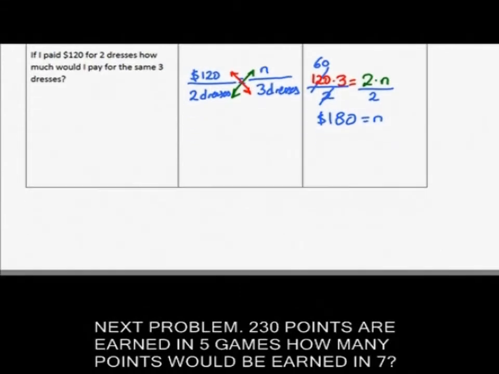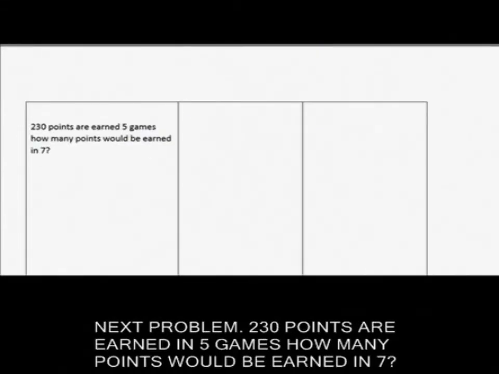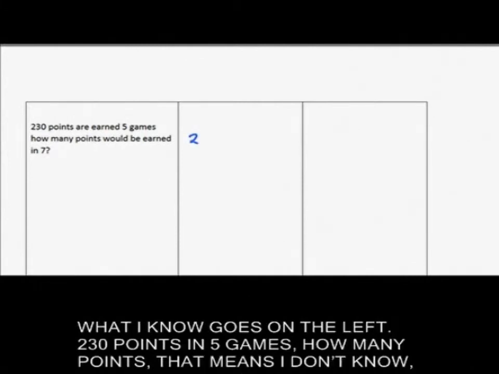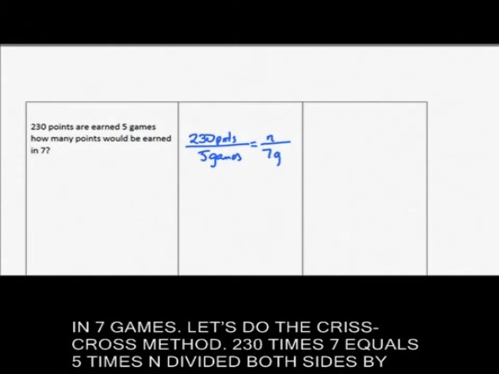Let's go to the next problem. 230 points are earned in 5 games. How many points would be earned in 7? What I know goes on the left: 230 points in 5 games. How many points? That means I don't know, in 7 games.